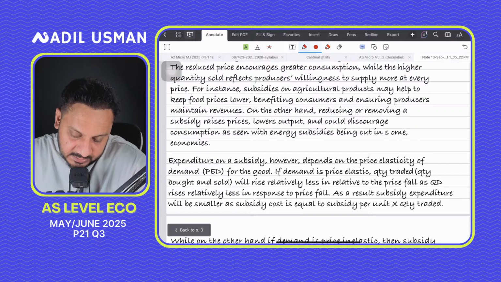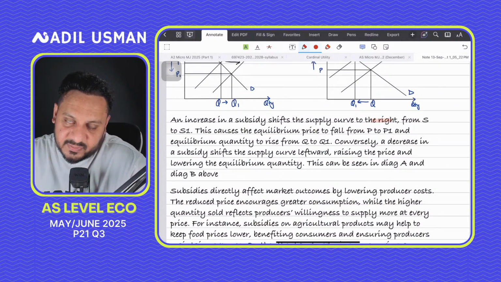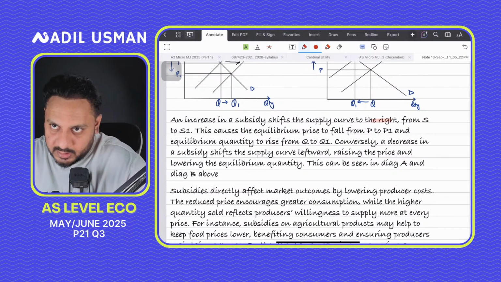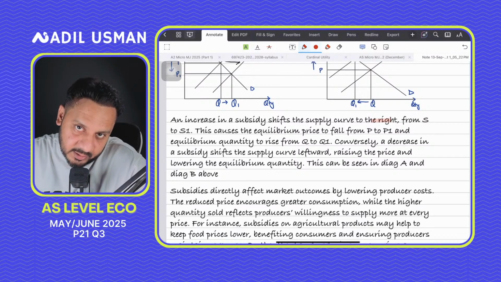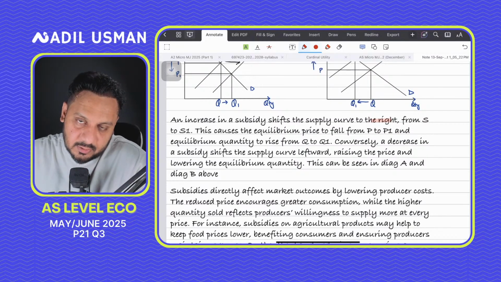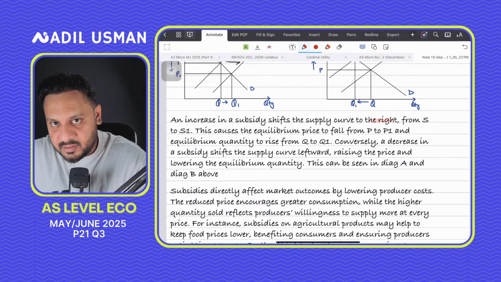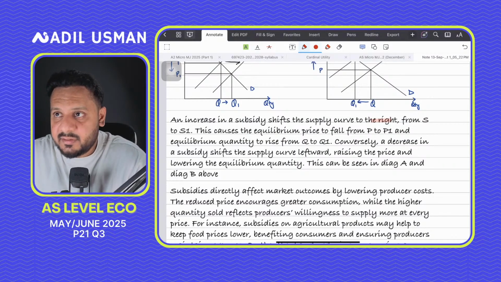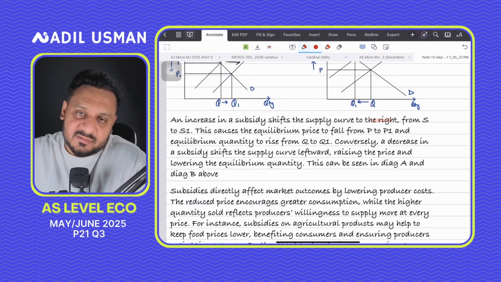Let's see. Basically, if demand is elastic, the expenditure would be more because the quantity would increase by a much greater amount, and that's why overall the cost of subsidy will rise if the PED is elastic. Whereas if it's inelastic, the quantity will increase relatively less, and that's why the overall cost of the subsidy would be less as well.